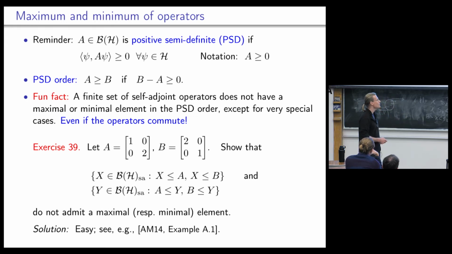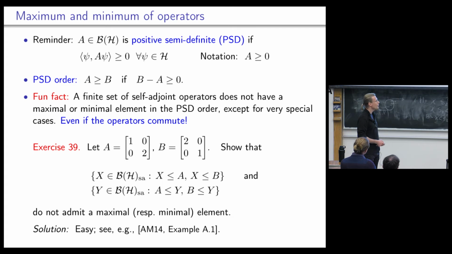So here's a very simple exercise again. Take two by two diagonal operators. You can even normalize them to be states, density operators. And then you can look at the set of lower bounds to these operators, all the self-adjoint operators that are smaller than these two operators, or the set of upper bounds to these operators with respect to this positive semi-definite order.